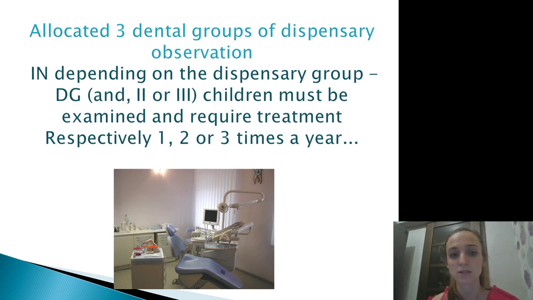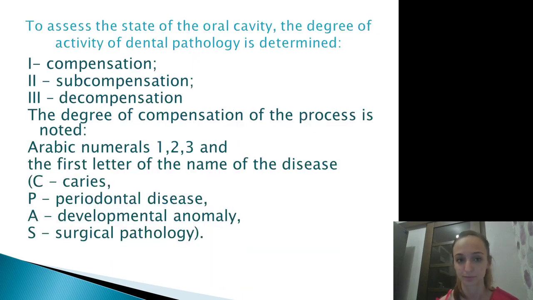So it is dependent on the dispensary group. Children must be examined and require treatment respectively from 1 to 3 times a year. To assess the state of the oral cavity, the degree of activity of dental pathology is determined.